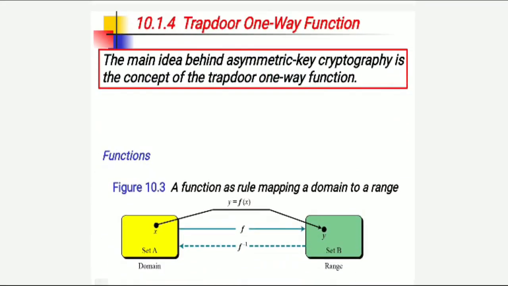Now we will be discussing the trapdoor one-way function. The main idea behind asymmetric key cryptography is the concept of the trapdoor one-way function. First, let us discuss the function. A function is nothing but a rule to map values from one set to another set.